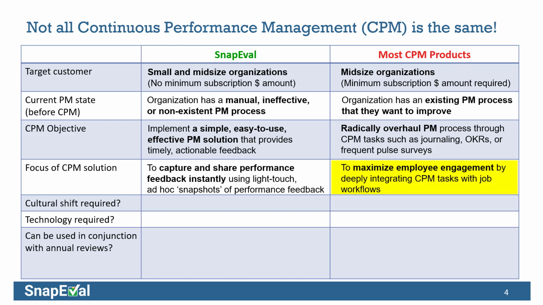So in other words, during the course of your normal workday, you're doing things such as journaling, tracking OKRs, or responding to frequent pulse surveys with most other continuous performance management products. Whereas with SnapEval, you're simply capturing a feedback snapshot whenever you see or observe something that you think should be shared with the employee, or you think of something that should be shared with the employee.